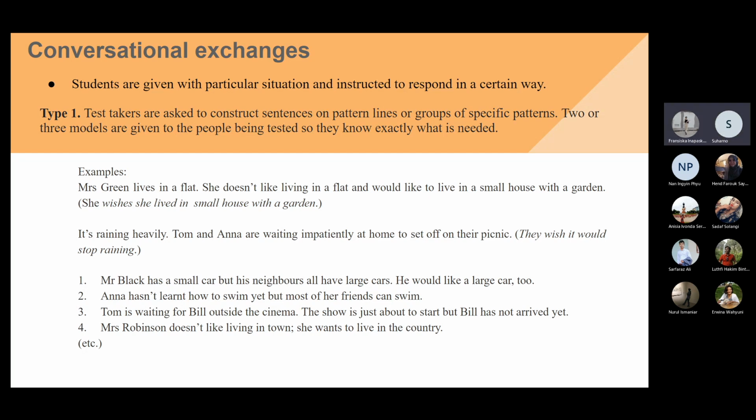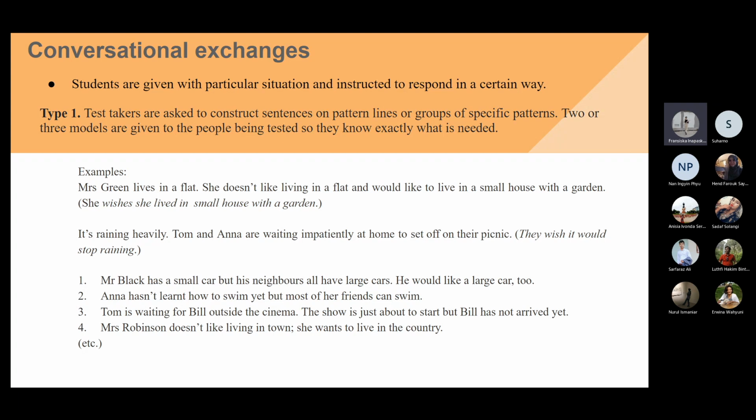Test takers are asked to construct sentences on pattern lines or groups of specific patterns. Two or three models are given to the people being tested so they know exactly what is needed. The test takers read or hear the situation and then make the appropriate responses that are shown in the brackets here. For example, in this illustration: Mrs. Green lives in a flat.